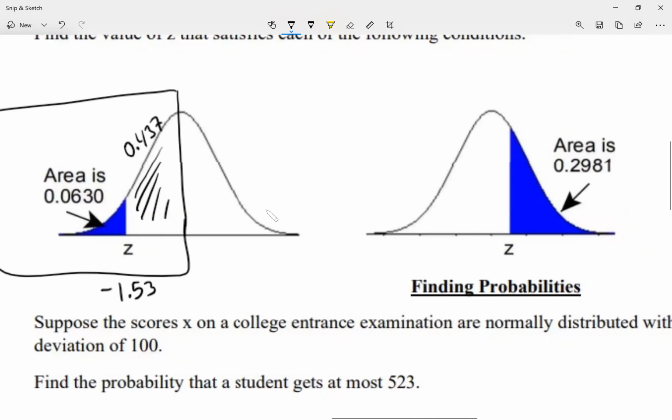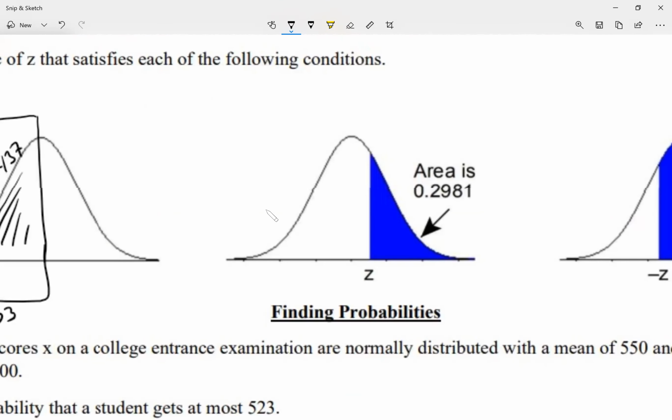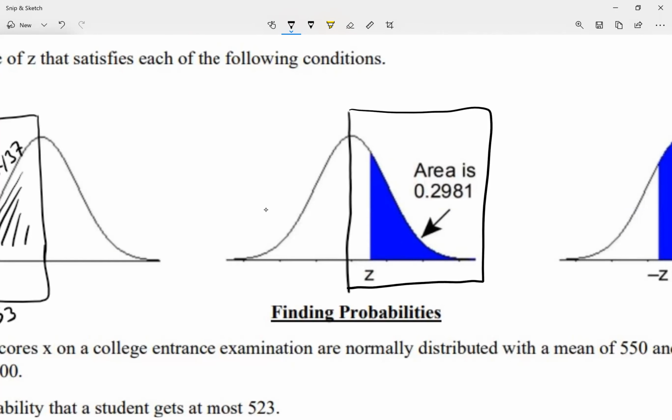Okay, cool. Now here, my second probability. Ooh, let me cut it right here in the center. I know this whole thing is 0.5. So I'm going to go 0.5 minus 0.2981.